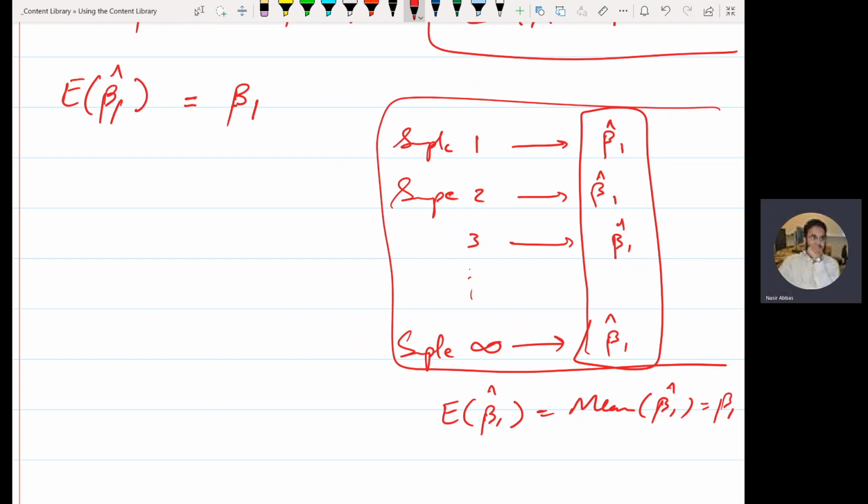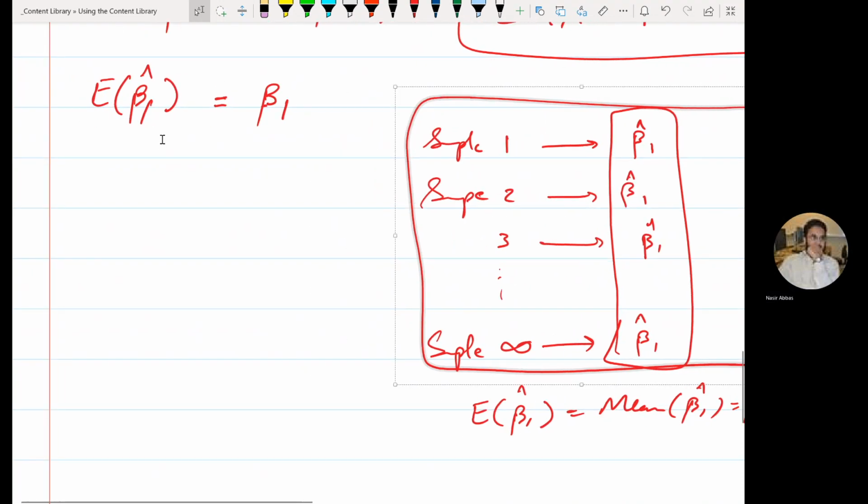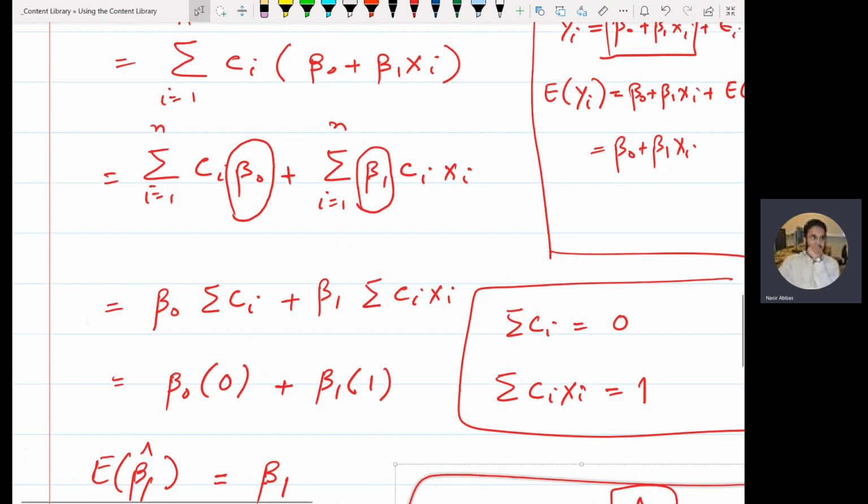Now I'm going to show you something. To a term inside the summation.